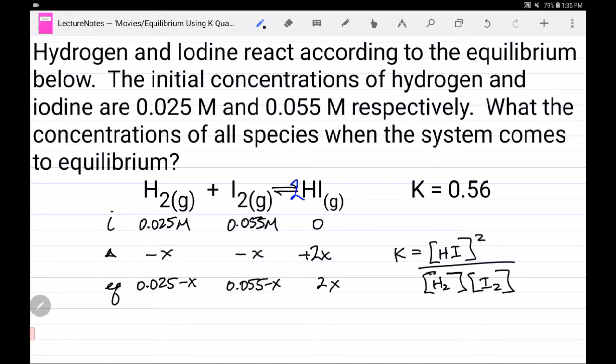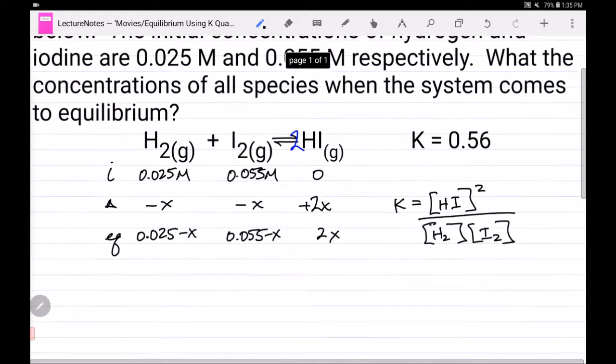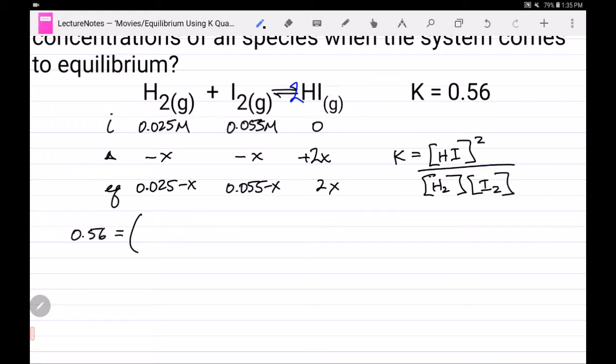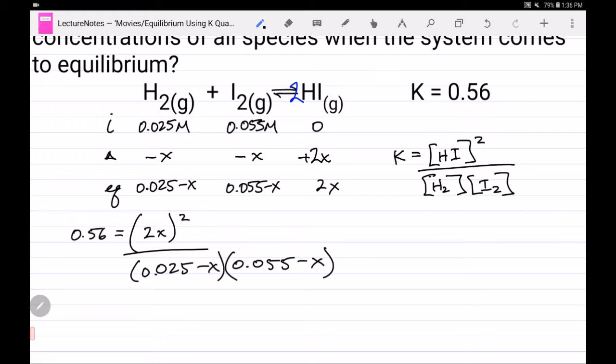And then we can plug in the equilibrium concentrations into the equilibrium expression. So 0.56 equals the concentration of hydrogen iodide squared over the concentration of hydrogen times the concentration of iodine.